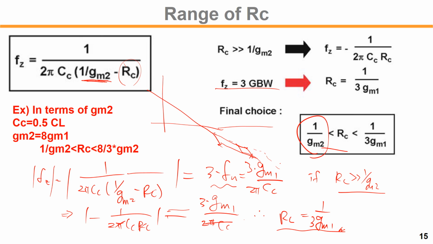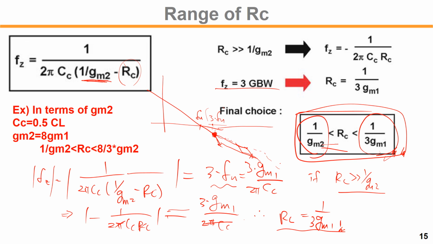Then it will go down and down until FU, and around 3 times FU we would like to stop there. So if you increase until 1 over 3 GM1, at that point the zero location will be aligned with the 3 times FU. So this is the range of the RC that we would like to put in there.